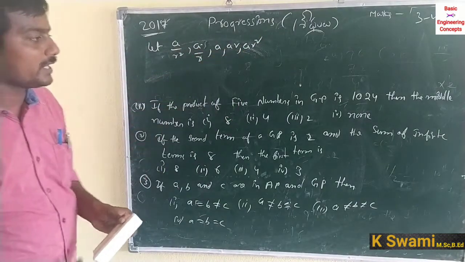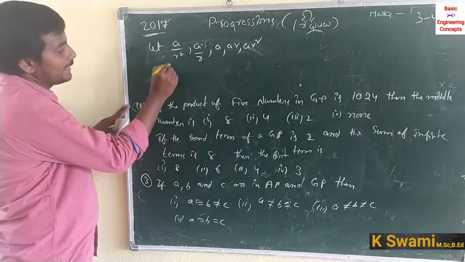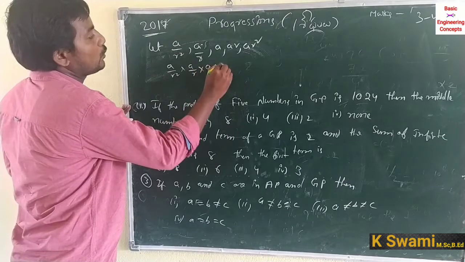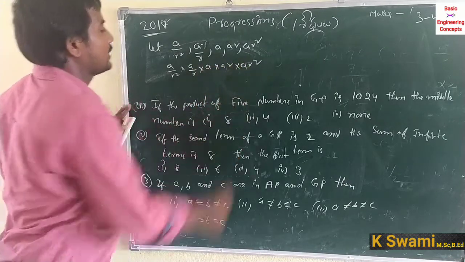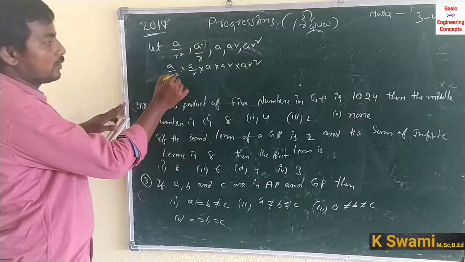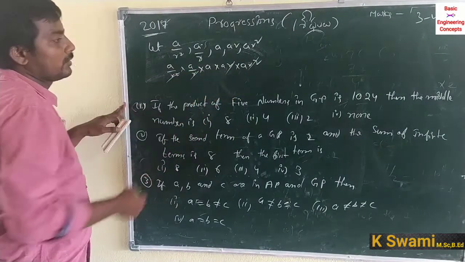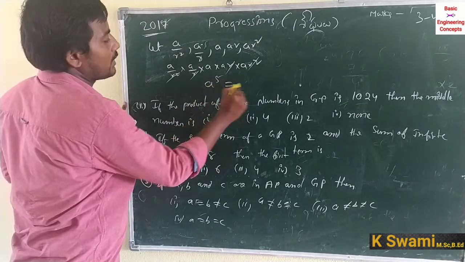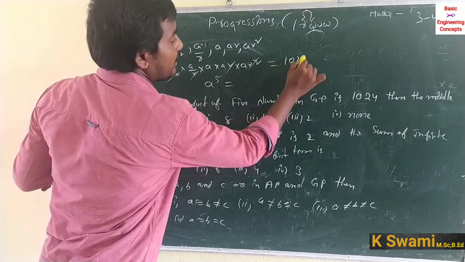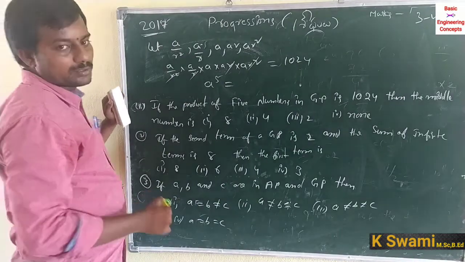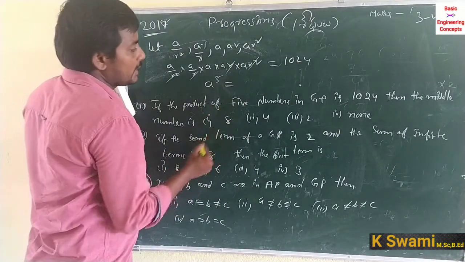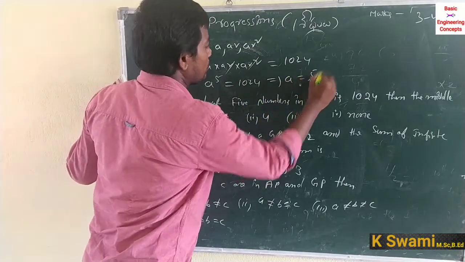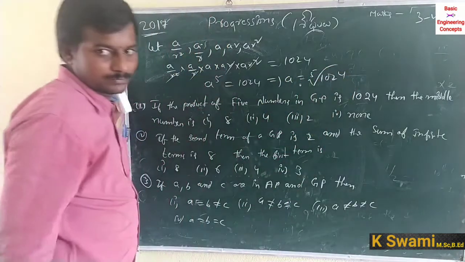The product of the first 5 terms means a by r square into a by r into a into ar into ar square. So r square and r cancel, remaining a power 5 is equal to 1024. That is, a is equal to 5th root of 1024.